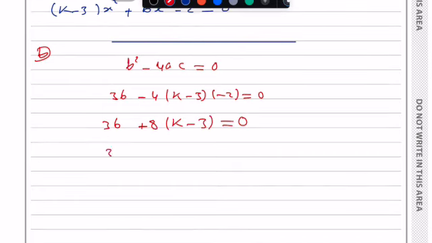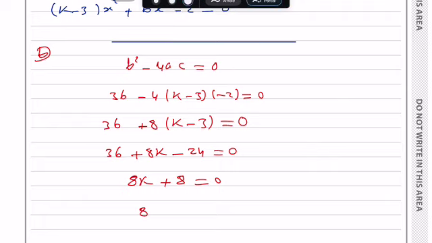Expand and simplify. So we have 36 plus 8k minus 24 equals 0. So we have 8k, 36 minus 24 is positive 12.